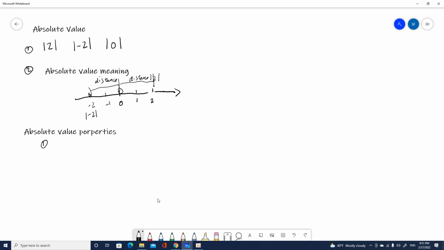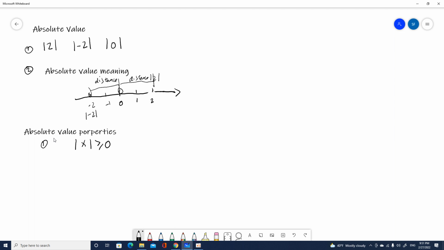The first property is absolute value is always greater than or equal to 0. That means any number's absolute value is always greater than or equal to 0. That is an absolute value property.